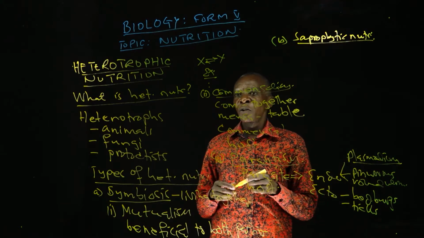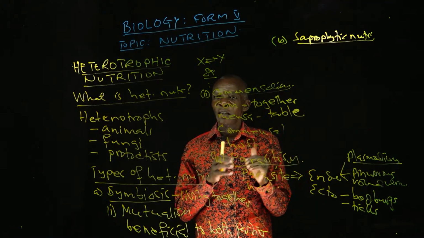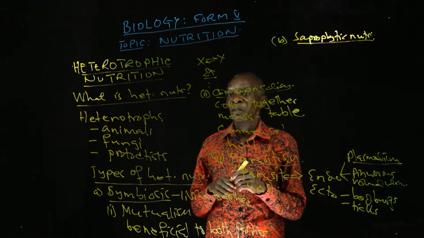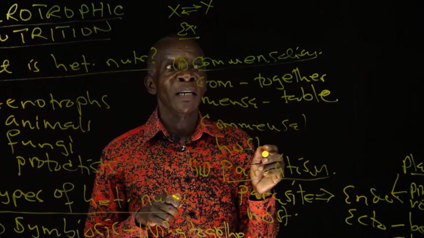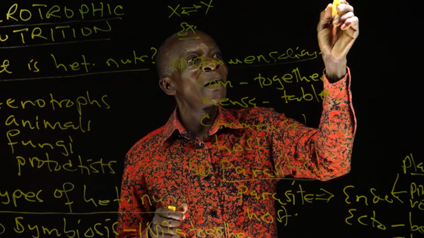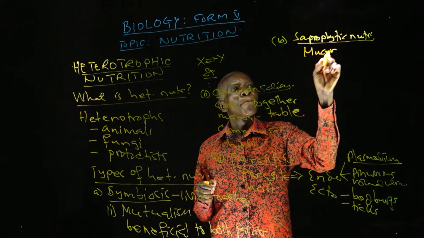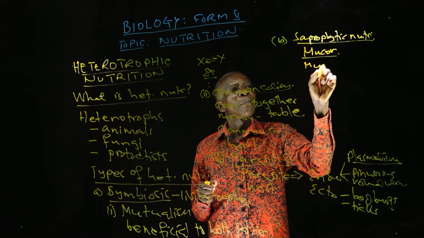Well, saprophytic nutrition involves feeding on decaying organic matter. It is a form of heterotrophic nutrition in which organisms feed on decaying organic matter, exemplified by saprophytic fungi such as mucor, and mushrooms.